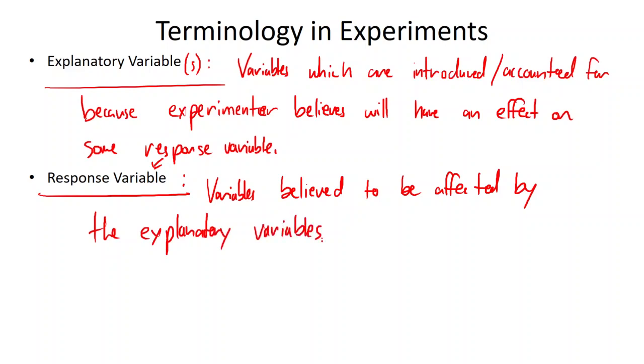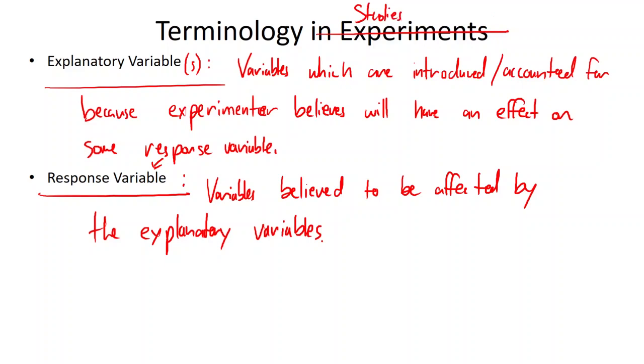So the explanatory variables are the things that you think are doing the affecting. The response variables are the things that you believe are going to be affected. All right. And this is not just terminology for experiments; it is used in studies in general.